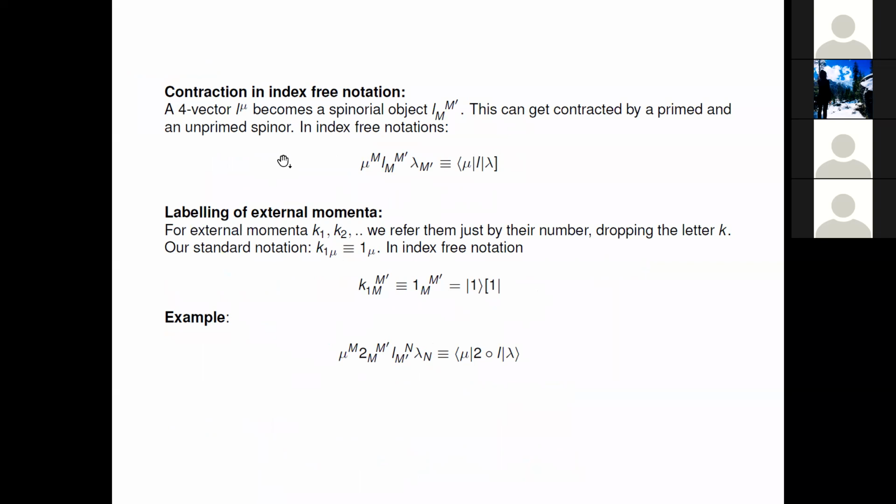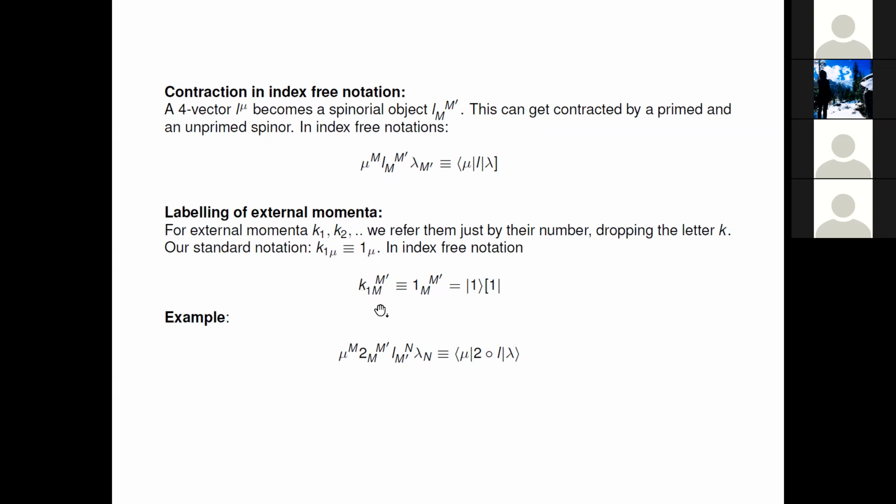A 4-vector L_mu first becomes a spinorial object L_{mm'}, and this can get contracted by a primed and an unprimed spinor. The unprimed spinor gets contracted from the left and the primed spinor from the right, and we denote the contraction in this way. On the labeling of external momenta: when confusion does not arise, we label the external momenta just by the number of the momentum and not by any symbol, so it is related by 1^mu.